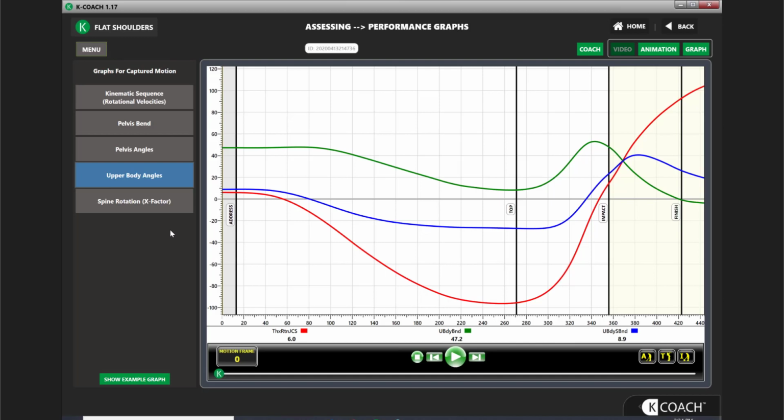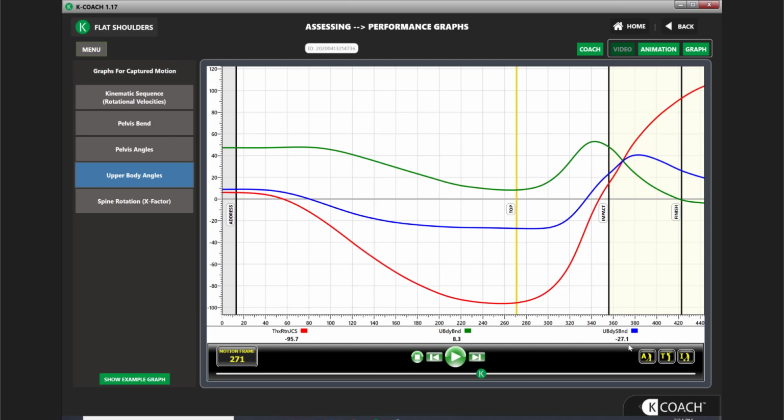I first look at what is the actual value of side bend at the top. I'll hit the T key down here. It'll snap me to the top of the swing, and I'll look right over here at the bottom right, the blue color upper body side bend, and we can see that we have just a shade over 27 degrees with the lead shoulder lower than the trail shoulder.